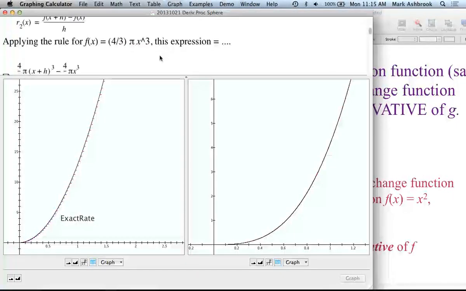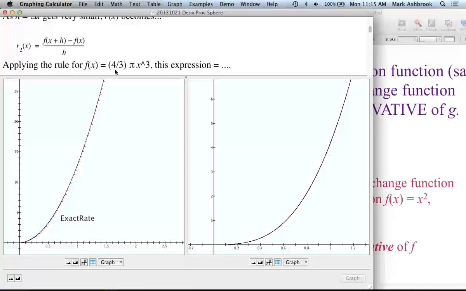I want you to do the first step. Apply the rule. Here's 4/3 pi x cubed. You write out the first step. What is our average rate of change function for small values of delta x? We're going to use h now. What is that first step if this is our function?